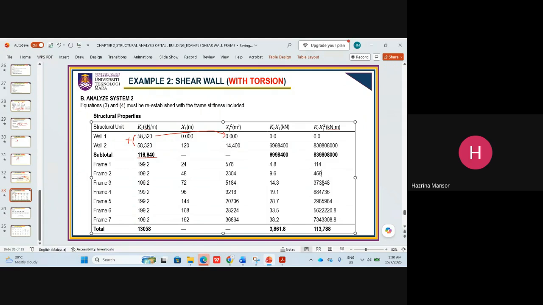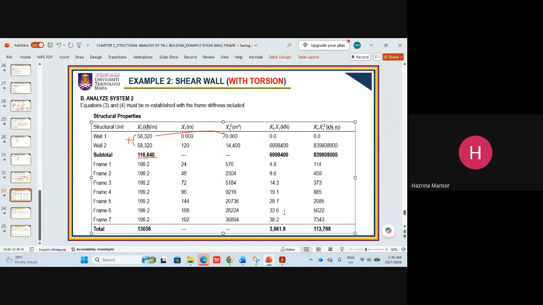Okay, and then this one is 372. This one is 8.5. So here is 298.